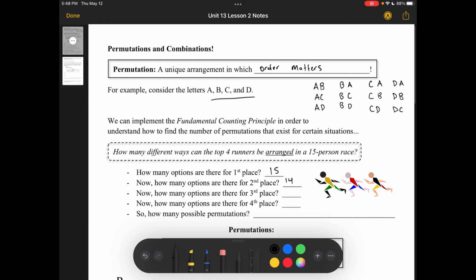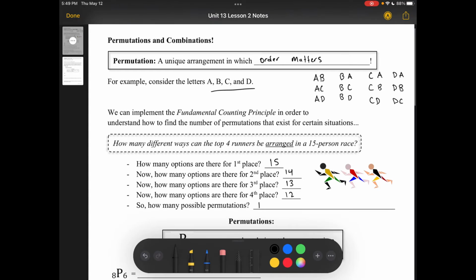Now first and second are taken care of, so there should be 13 left for third place, and 12 left for fourth place. So the number of possible permutations is the number of first place possibilities times second place possibilities times third place times fourth place.